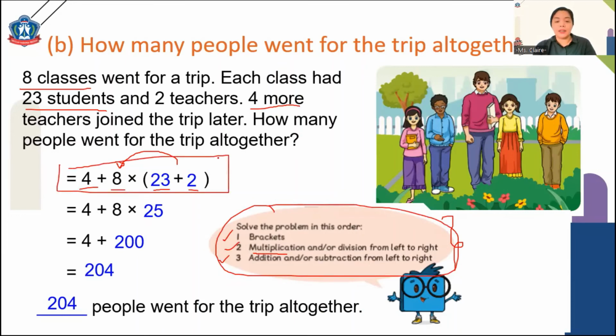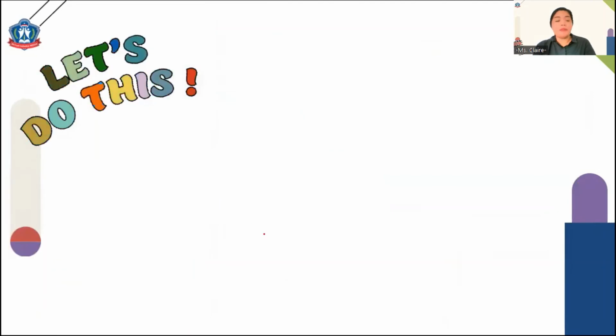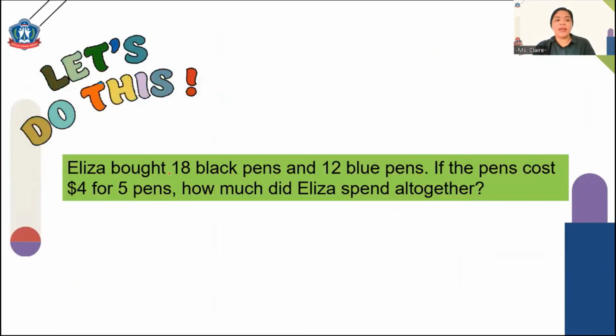Okay, P6, take note. I have here a problem for you. Eliza bought 18 black pens and 12 blue pens. If the pens cost $4 for 5 pens, how much did Eliza spend altogether? For you to compute this problem more easily, you can make an expression or a number sentence first.